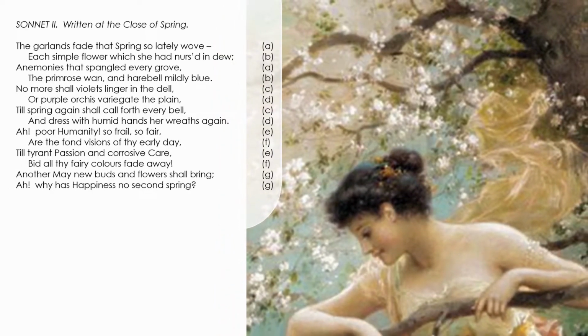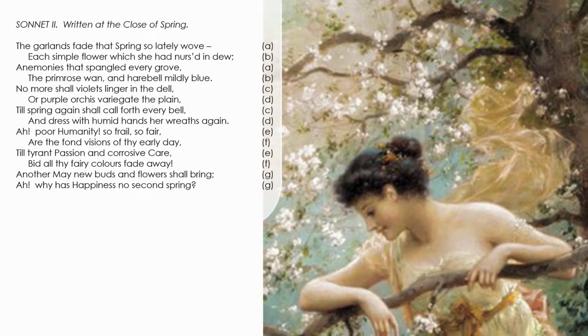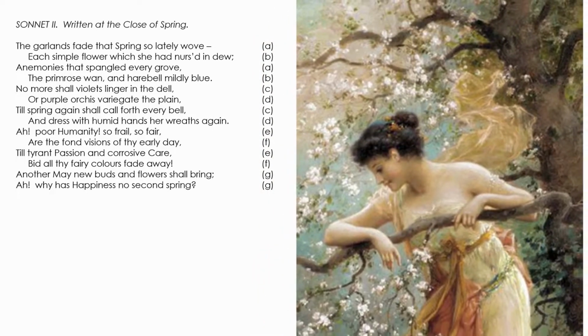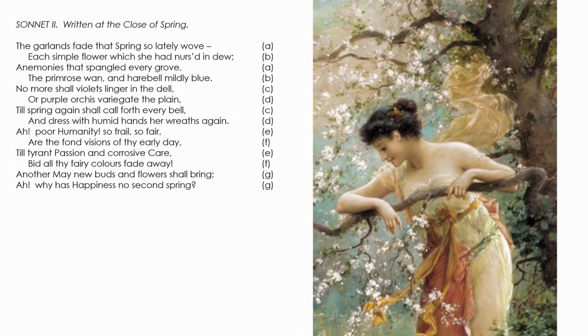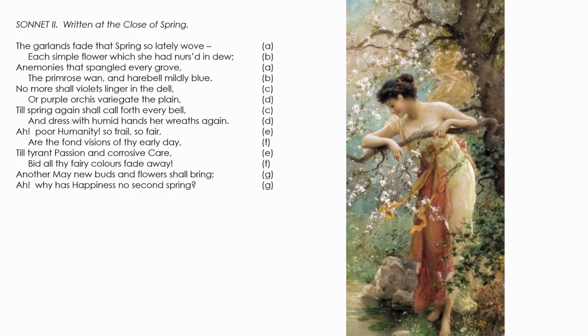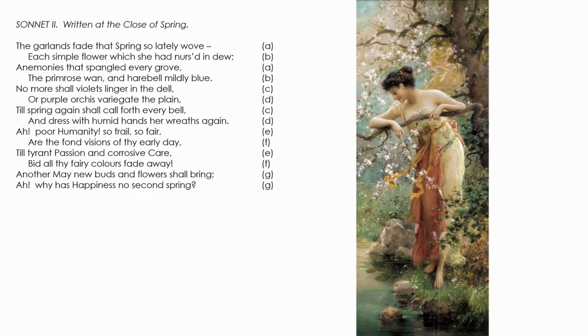Ah, poor humanity, so frail, so fair are the fond visions of thy early day, till tyrant passion and corrosive care bid all thy fairy colours fade away. Another May new buds and flowers shall bring. Ah, why has happiness no second spring?